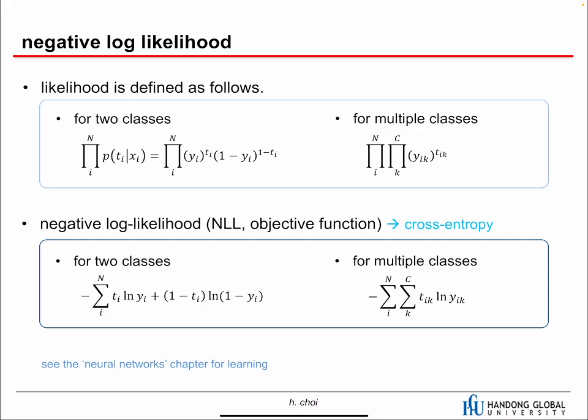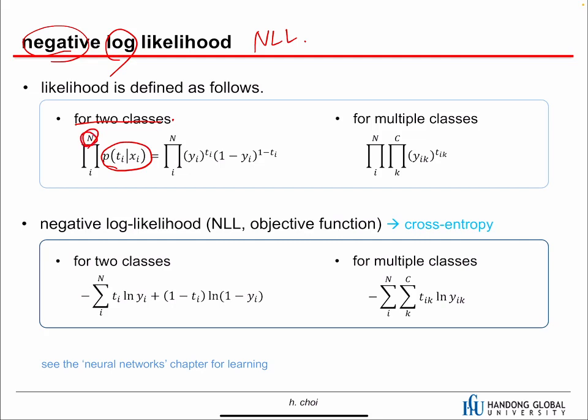Then we can use the likelihood, but since we are interested in minimizing, we have a negative, and since the likelihood is based on an exponential function, we take a log. That's why we have the negative log likelihood, or NLL. The likelihood is defined as follows for the binary class problem with n samples, which we talked about in the previous slide.